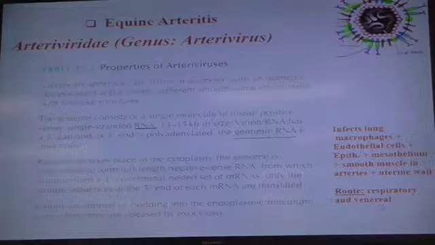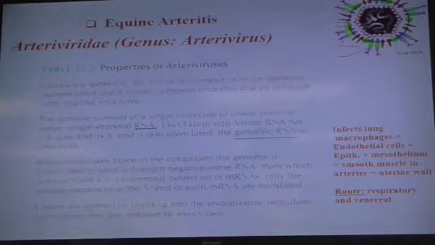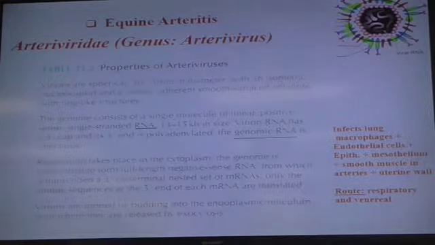Respiratory means that it causes respiratory symptoms, and it's very similar to herpes in that respect, being systemic. Equine herpes, we'll explain later on. Venereal, meaning transmission through semen, for example, is an important feature causing abortion.